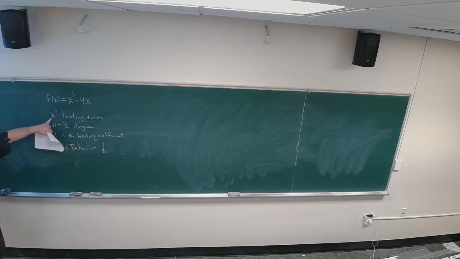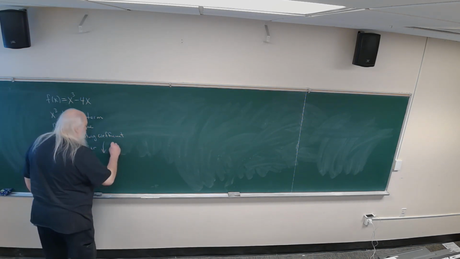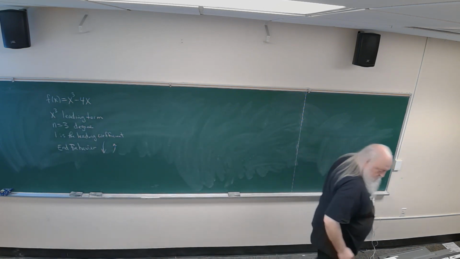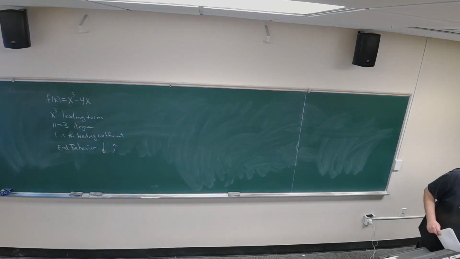What about the right end? Goes up. You get that from the graphs on the previous page. The degree is odd and the coefficient is positive, so the right end goes up and the left end goes down.